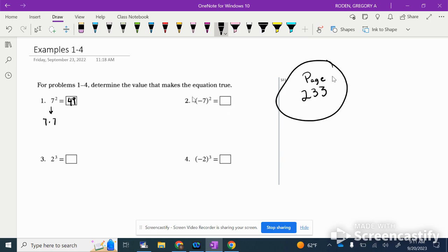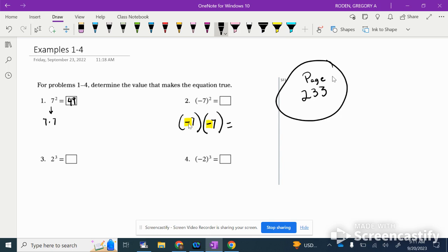Okay. Now, negative 7 squared is negative 7 times negative 7. Now let's think, you've got to use your chart here. A negative times a negative: if you take a negative and multiply it by a negative, that is a positive.